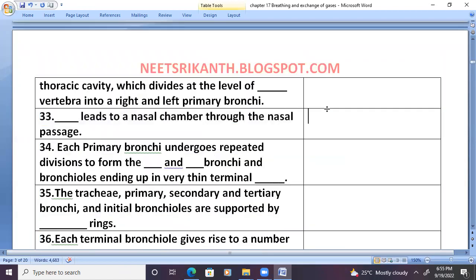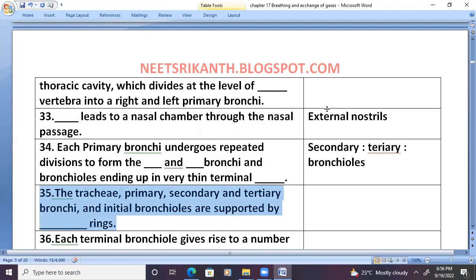The external nostrils lead to the nasal chamber through the nasal passage. Each primary bronchus undergoes repeated divisions to form the secondary and tertiary bronchi and bronchioles, ending up in very thin terminal bronchioles.